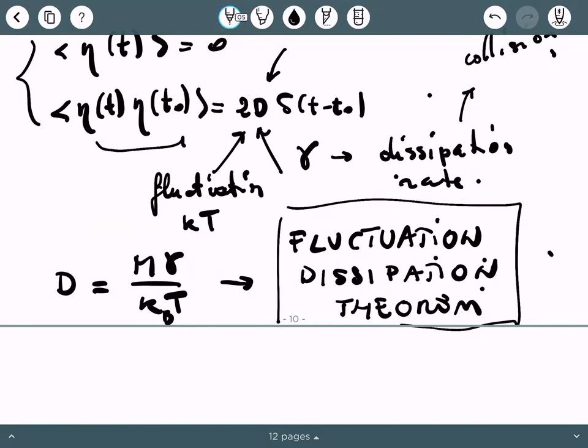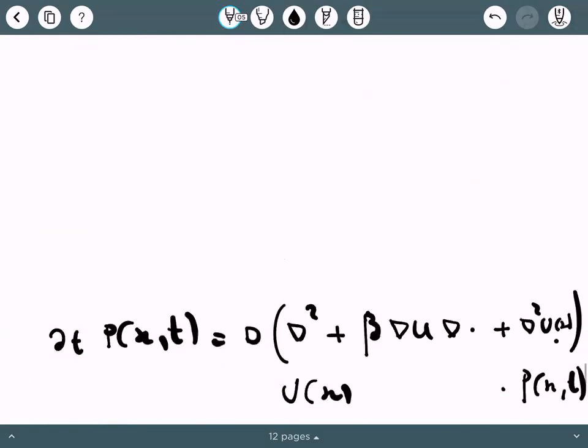Now, here, on the other hand, I have an equation. So the first thing I want to do is solve this equation. I want to check that the Boltzmann distribution is a solution of this equation.